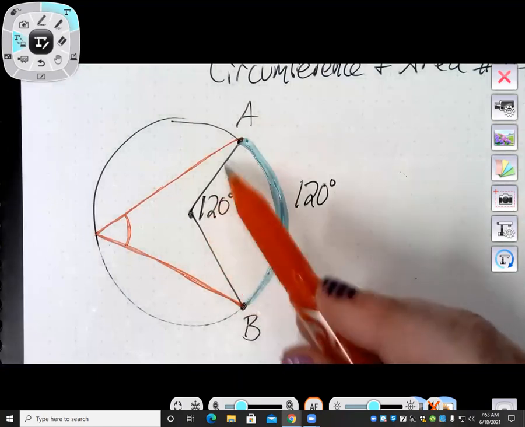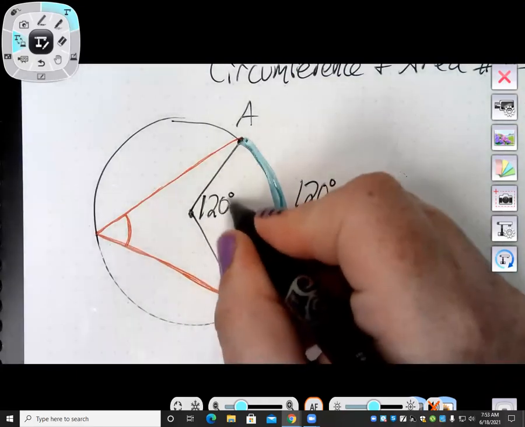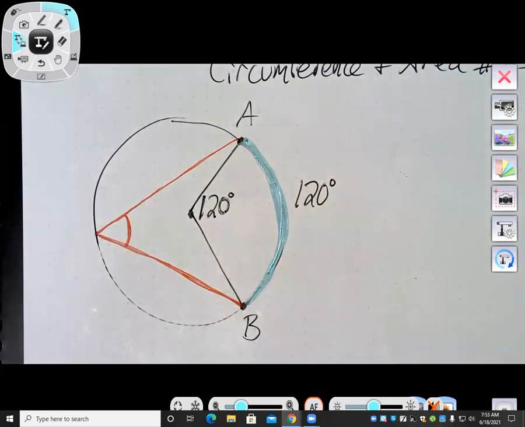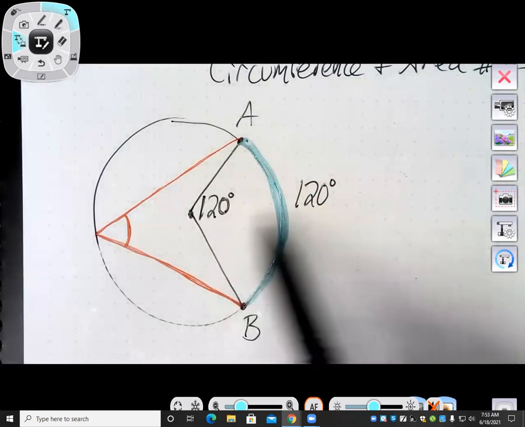This one is pretty big. This one's definitely smaller. Anyone want to take a wild guess what you think its measure might be? The orange one? Yes, it is always going to be half of the measure of the arc that it's attached to, right? So central angles are always the same.